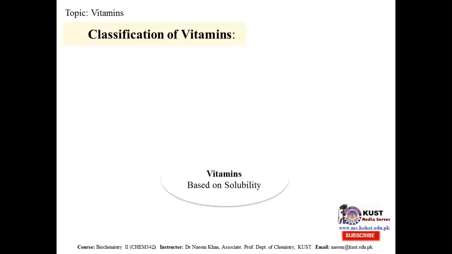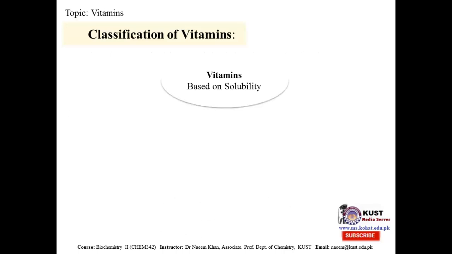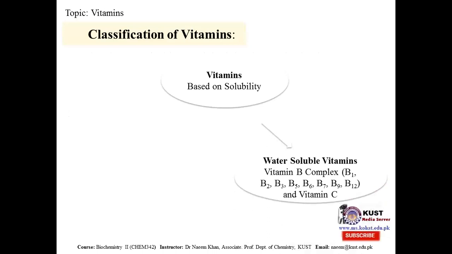Classification of vitamins. Vitamins are classified based on solubility. And on solubility, there are two classes. One is the water soluble vitamins. And in the water soluble vitamins, we have vitamin B complex.